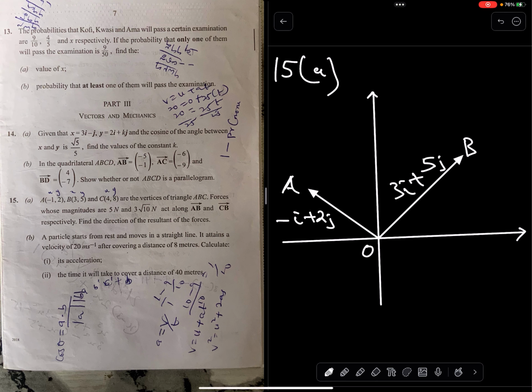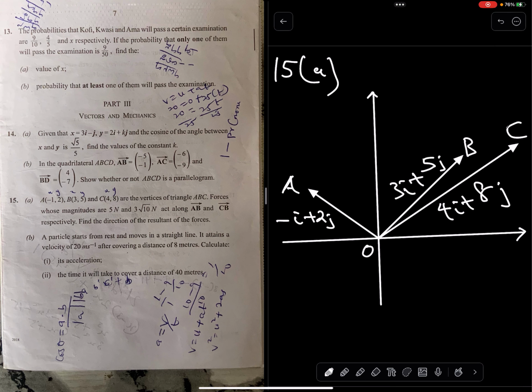While OC is 4i plus 8j. Let me put OC here. This is C, and OC is 4i plus 8j.